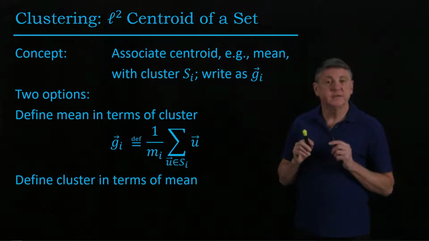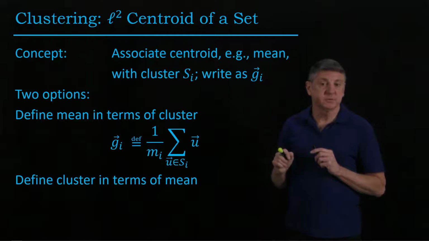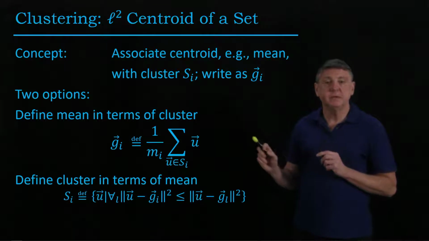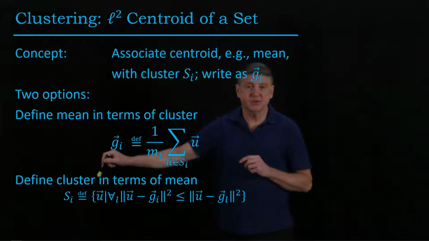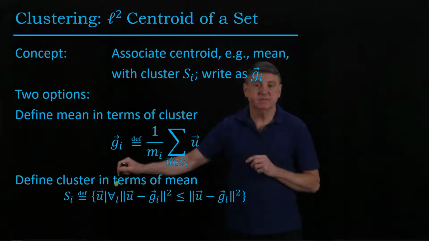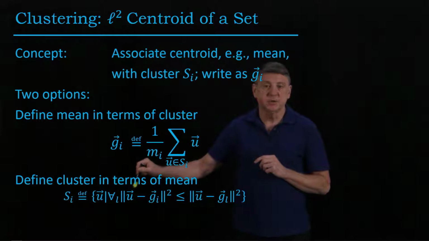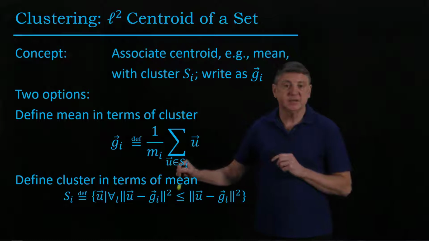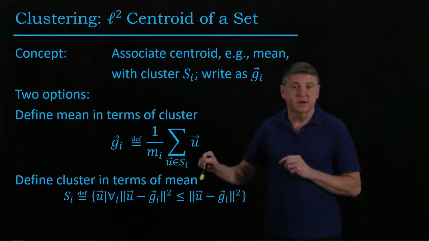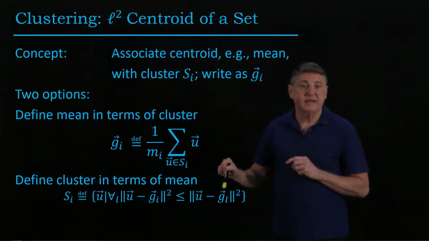The alternative is we could define the cluster in terms of the mean. And what that would be is we would say that cluster number i is defined as all the vectors u such that for every index l, the distance between the vector u and the centroid of the cluster that we're defining is less than or equal to the distance of the vector to any other.